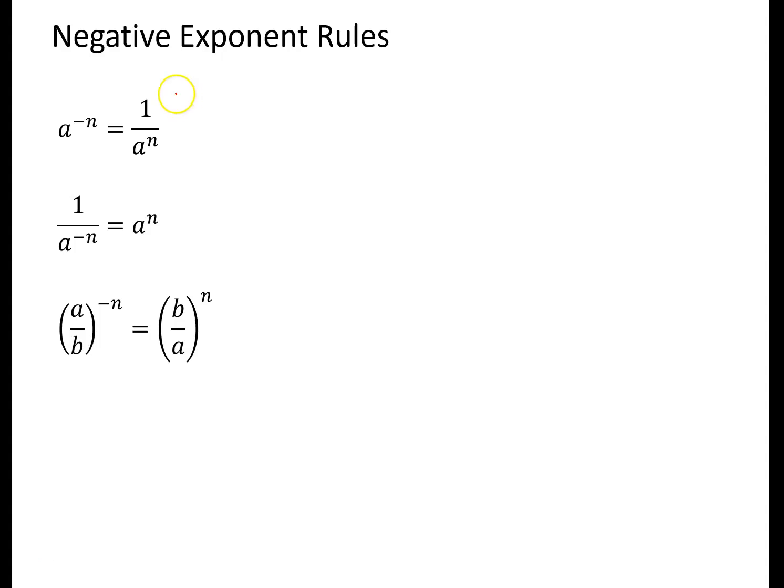So these first two rules that you see on this slide are basically the same rule that says when you move a base with its exponent to the top or to the bottom of the fraction, it changes the sign on the exponent. So let's just say I had x to the negative 5 over y to the negative 3.